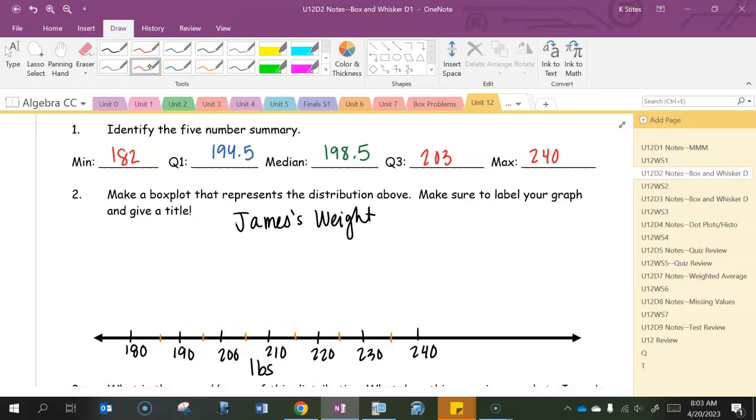Okay, and now go ahead and plot your points. So your min is 182. It's just a little ahead of 180. 194.5. 198.5. 203. And 240. Okay, and you can draw your box and whisker.